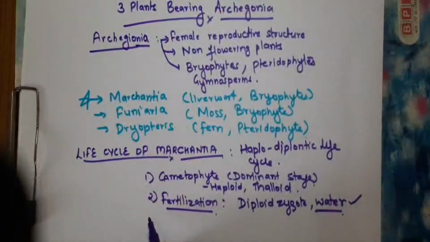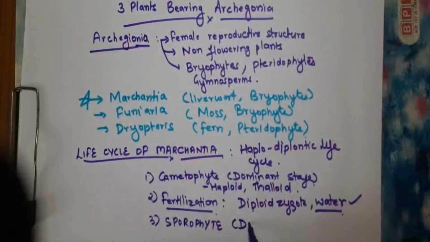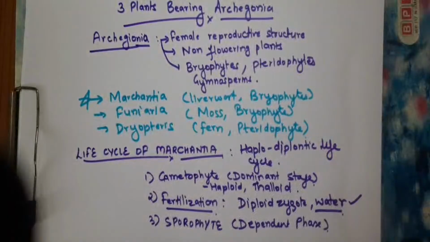And the third one is the sporophyte stage. This is also known as the dependent phase. The zygote develops into a sporophyte, which remains attached to the gametophyte for the purpose of taking nutrition.